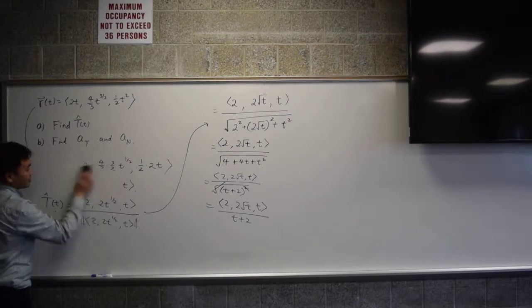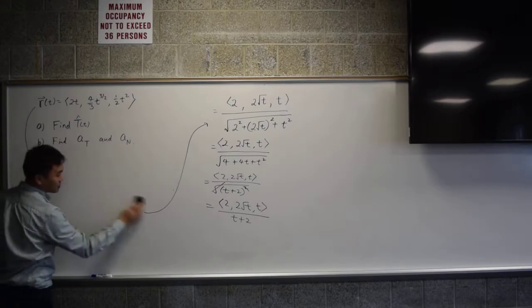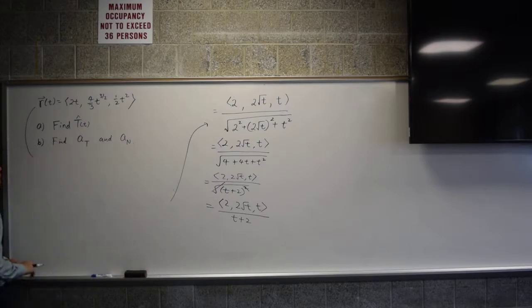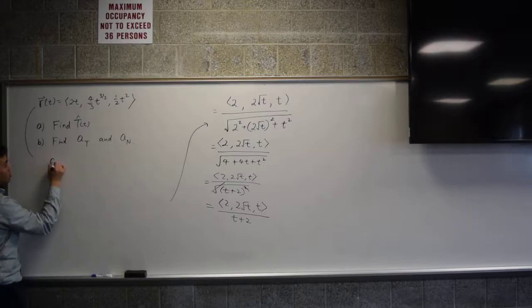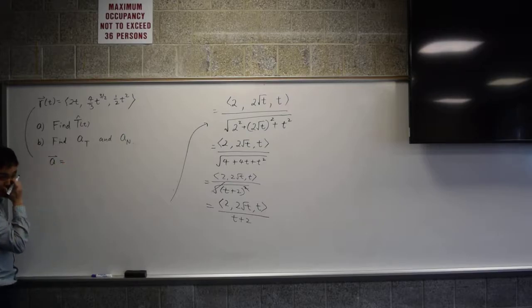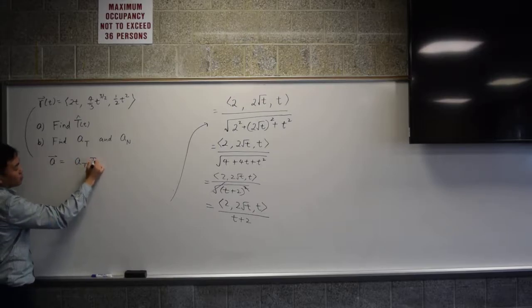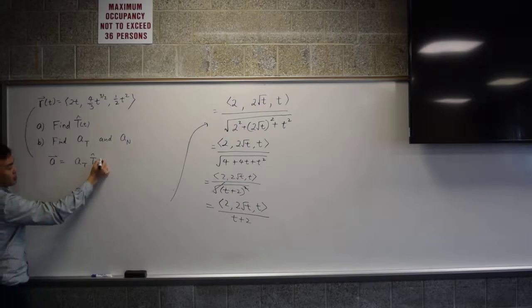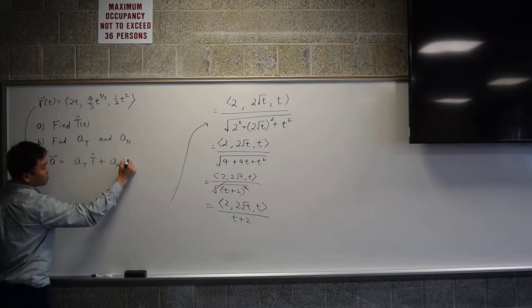But now here's the important part. What are AT and AN? This is what we call the tangential and normal parts of the acceleration, right? The acceleration can be thought of as the sum of two vectors, one in the tangential direction, another in the normal direction.